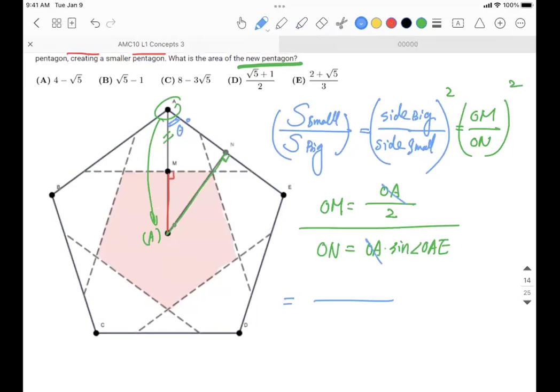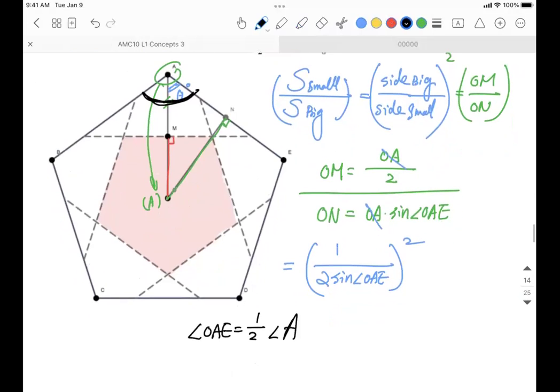So this is going to be 1/2 sine OAE. Is that right? What is sine OAE? OAE is half of this interior angle, 1/2 of angle A.